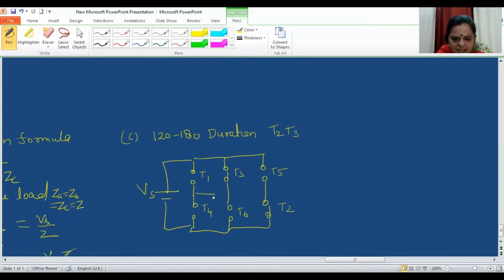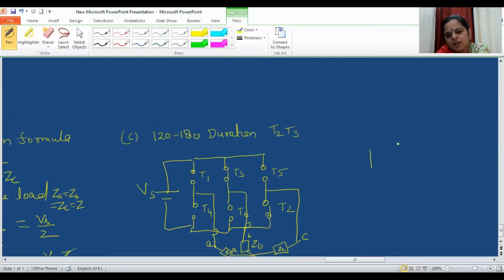Now if I see the connected load, this will be ZA, this will be ZB, and here it will be ZC, and they are connected star like this. Now this is A phase, this is B phase, this is C phase.